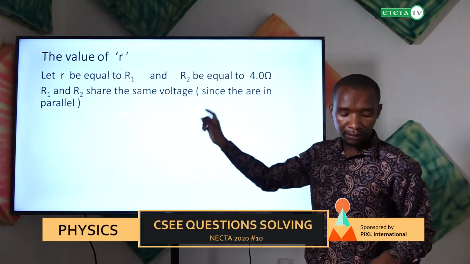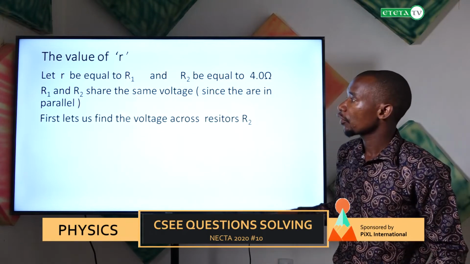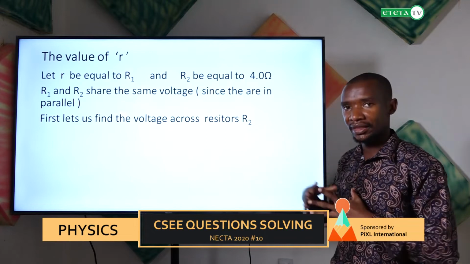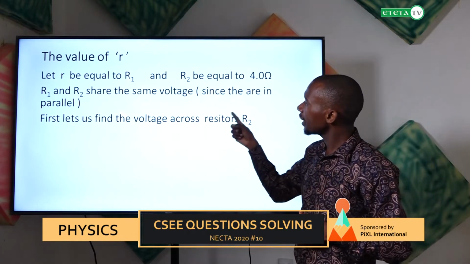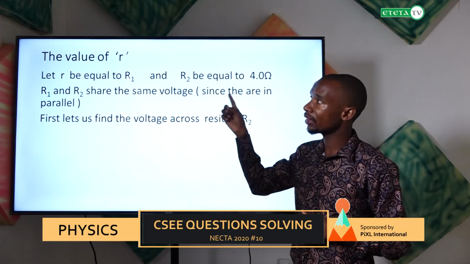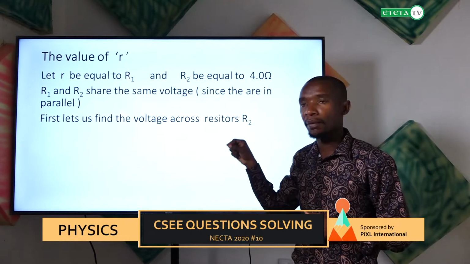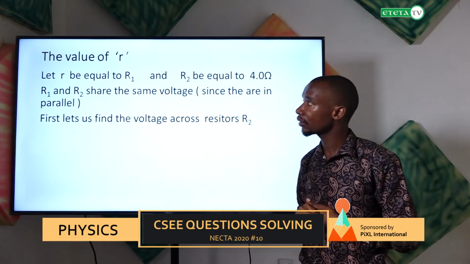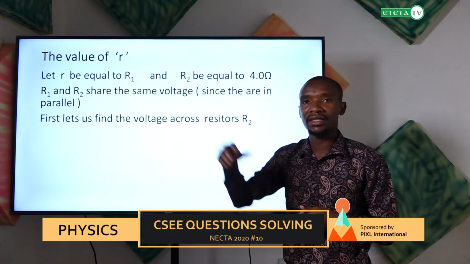Since they are in parallel, first let us find the voltage across R2, as I said. Then after finding the voltage across R2, we can use it together with the previous X, which is 2 ampere, to find the unknown resistance R1, or small letter r.